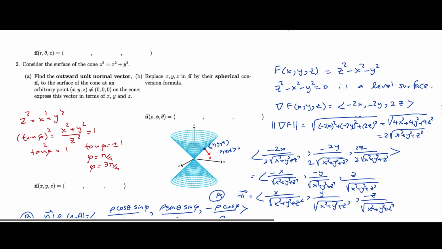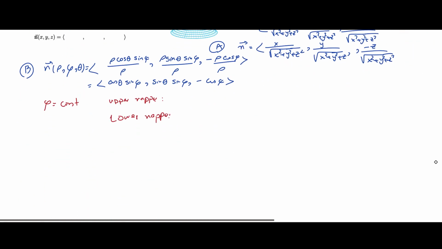So going back in here, I see that for the upper nappe, I have n of rho, pi over 4, and theta. For the lower nappe, I have n of rho, 3 pi over 4, and theta. And so that gives me square root of 2 over 2 times cosine theta, square root of 2 over 2 times sine theta, and negative square root of 2 over 2.